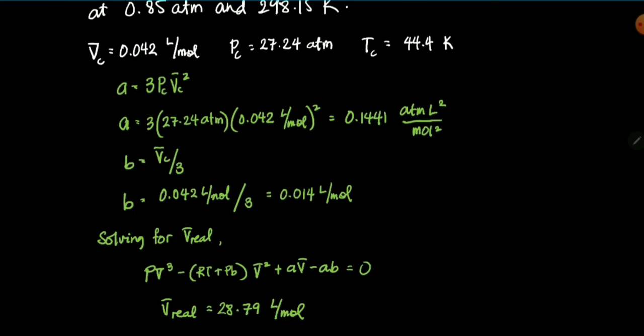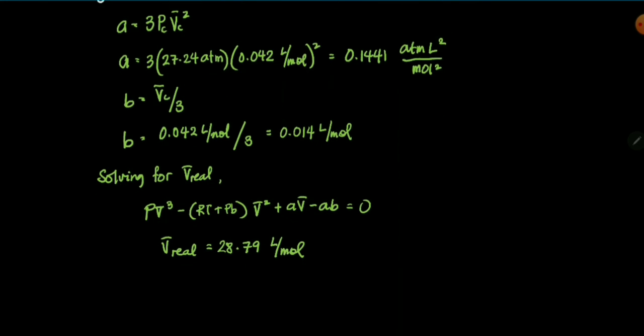So, A is equal to 3PCVC squared. Substitute the values and you will get 0.1441 atm liter squared per mole squared. For B, divide the critical molar volume by 3: 0.042 liters per mole divided by 3 is 0.014 liters per mole. After that, you will have A and B.